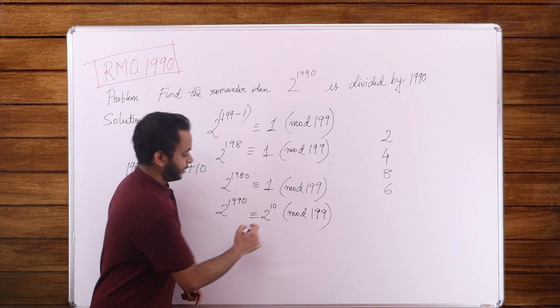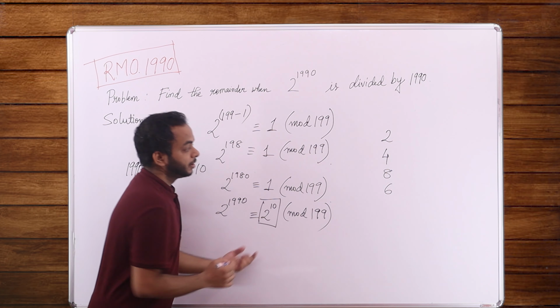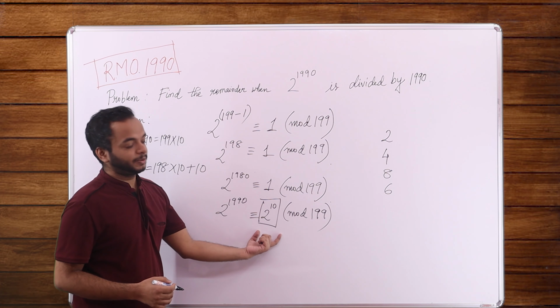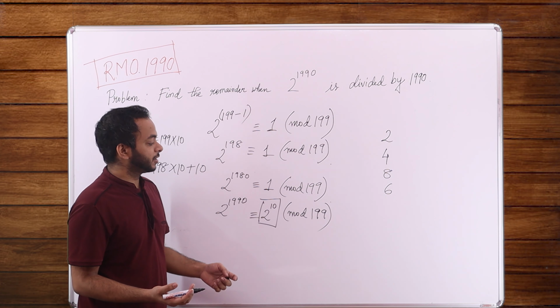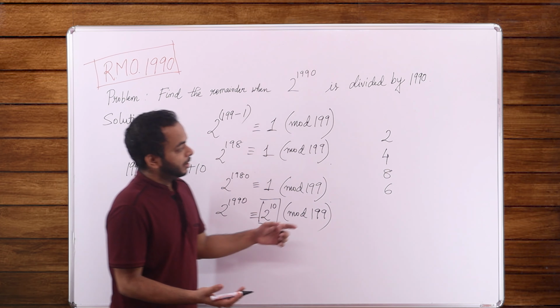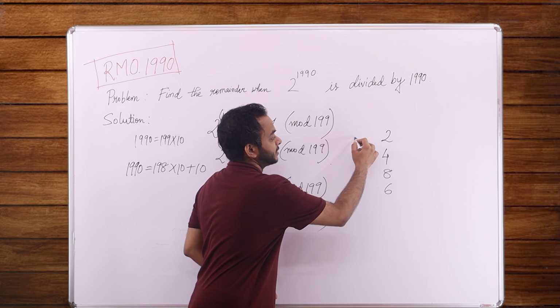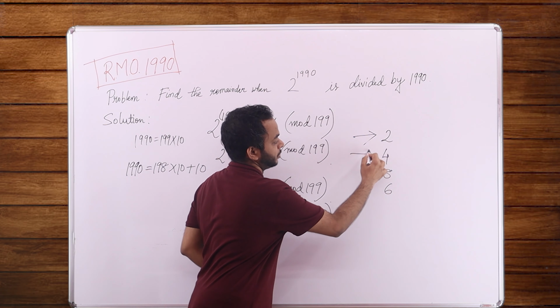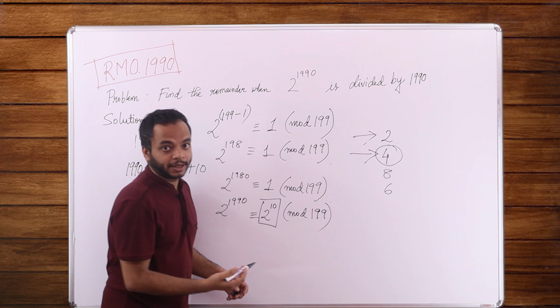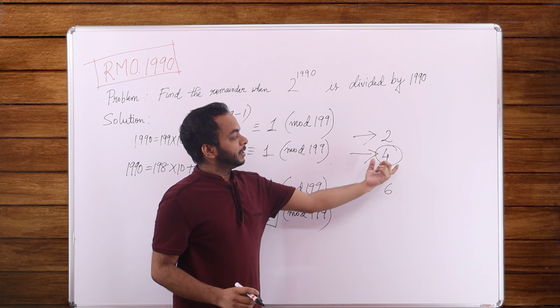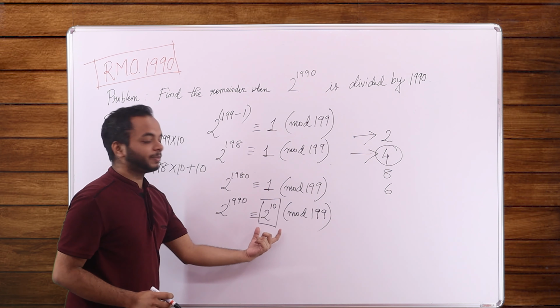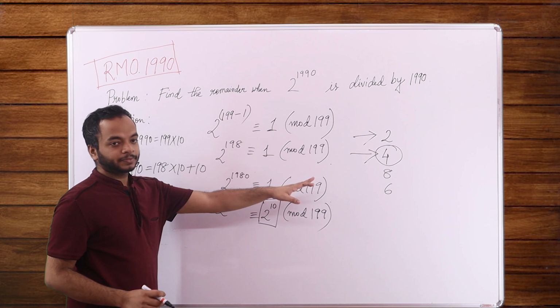Now if you simply look at 2 to the power 10, what is its last digit? If you divide 10 by 4, you get the remainder 2. So the last digits go 2, 4, and so the last digit of 2 to the power 10 is 4.